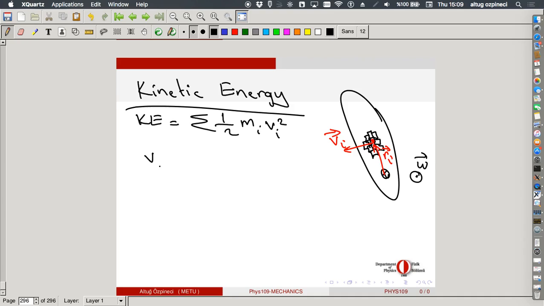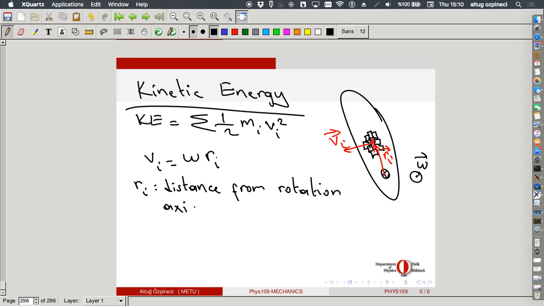And we know that v_i will be nothing but omega times r_i, the speed of the object. The speed of that point is the angular velocity of the rigid body as a whole multiplied by the distance from the rotation axis. You see, this r_i, don't confuse it with the distance from the origin. r_i in this case is the distance from the rotation axis and not from the origin.